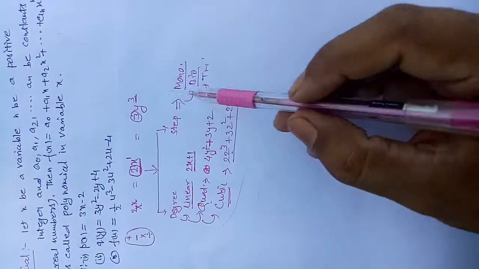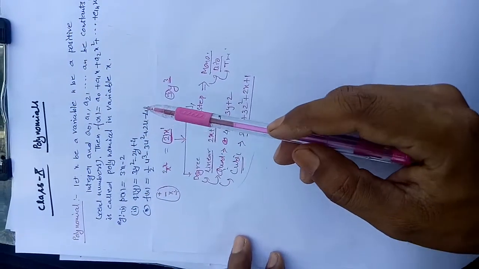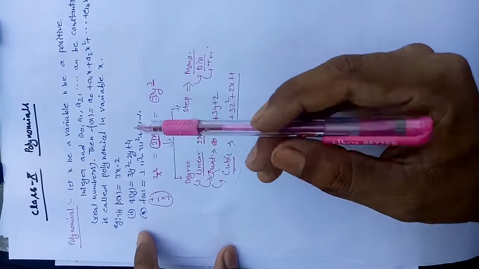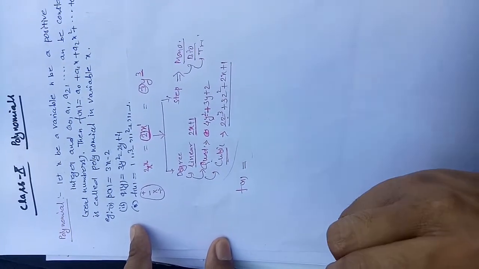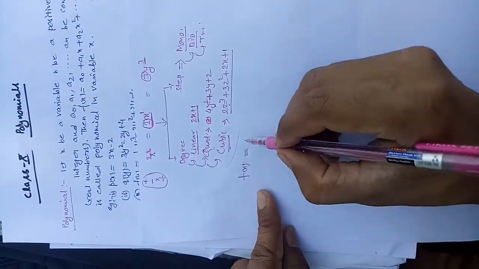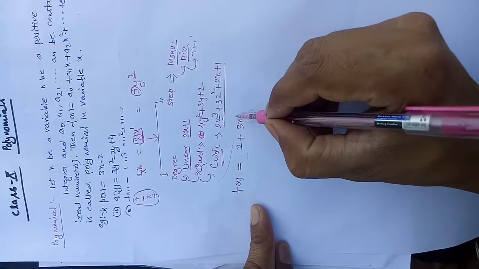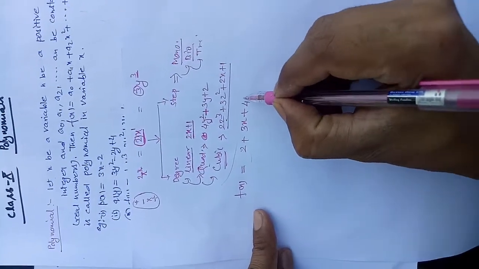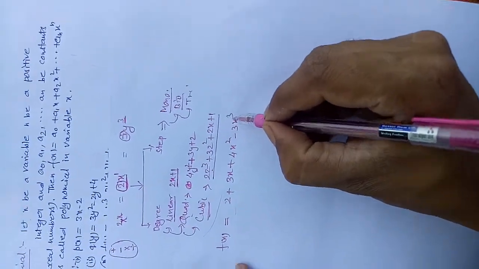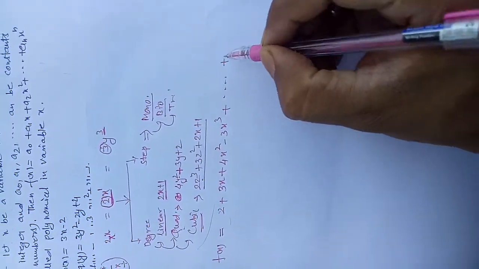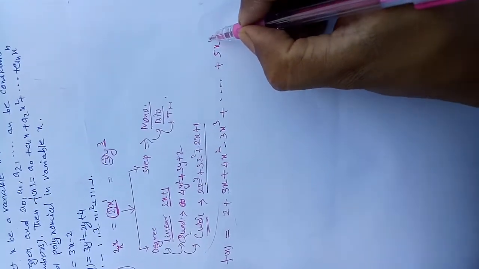So this is all about algebraic expression. It is similar to the polynomial. So let's see what is polynomial. If we have any function, any algebraic expression in terms of x, like 2 plus 3x plus 4x square minus 3x cube and so on up to like 5x raised to n.